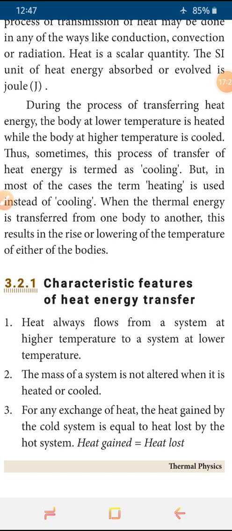So the object's mass is never affected because of heat or cold. And for any exchange of heat, if one object is giving out heat, another one is acquiring the heat from that object, so we can say the heat gained by the object should be equal to the heat given by the object. Then we can write heat gained is equal to heat lost. These are the characteristic features of heat energy transfer.